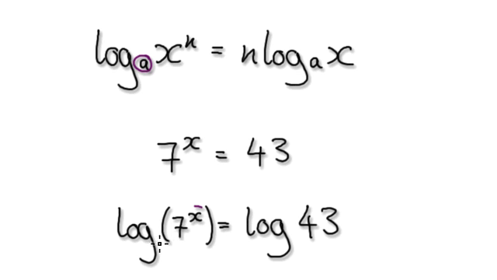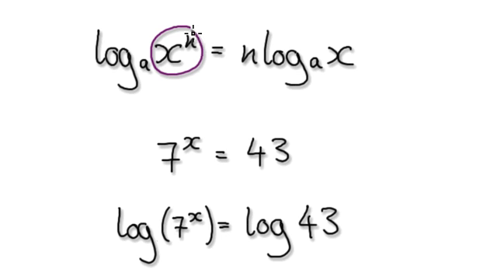Now this a here could be anything. Your calculator would default it to 10, but it could work with log base 5 or 6, but your calculator is defaulted to work as a 10. But the point is, it doesn't matter what base you use, it will always work.